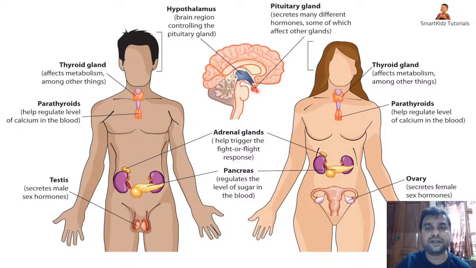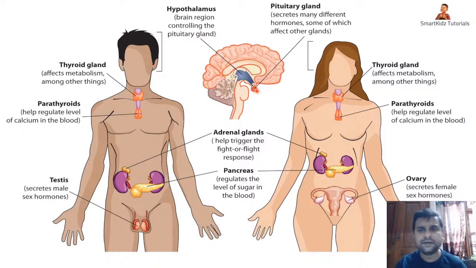So when somebody speaks about an endocrine system or an endocrinologist, remember they are speaking about this. People who treat you for diabetes, or for thyroid related issues, are all endocrinologists, because they deal with the hormonal system of humans.